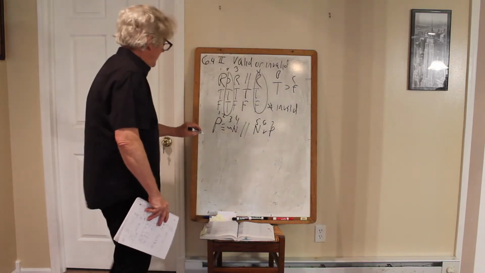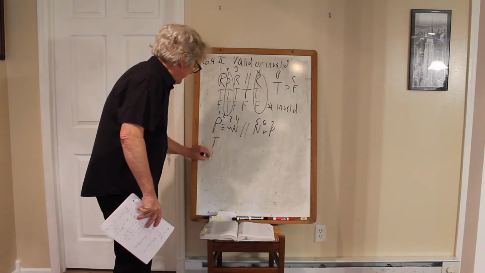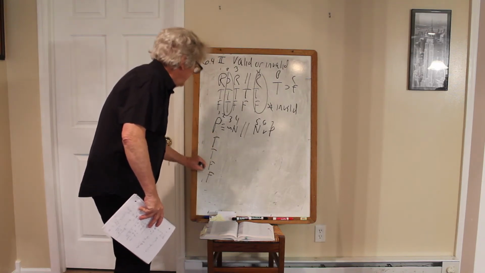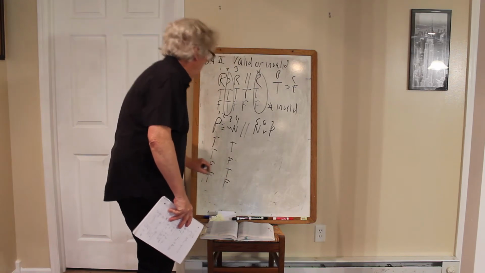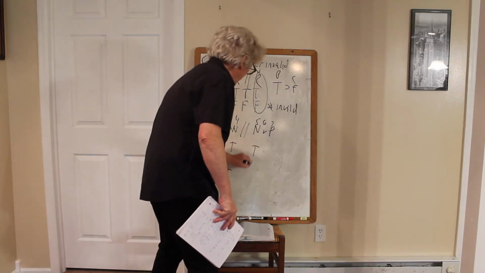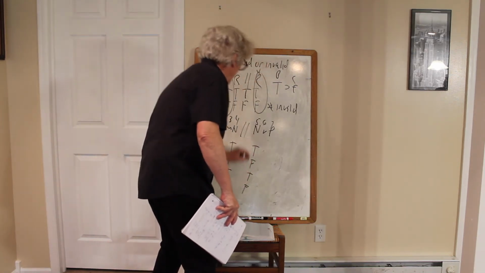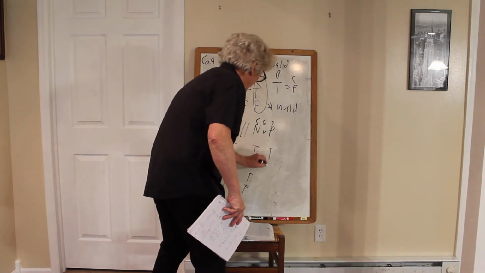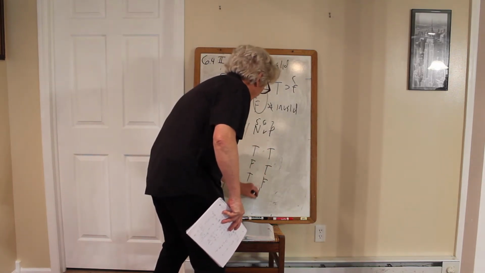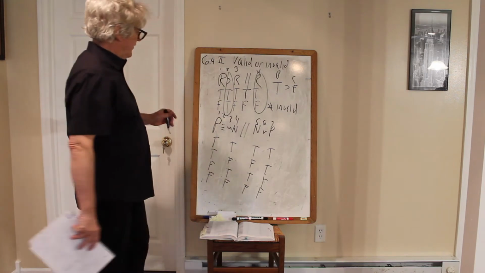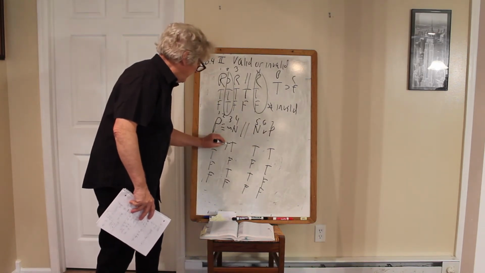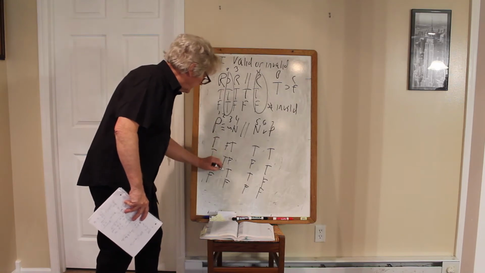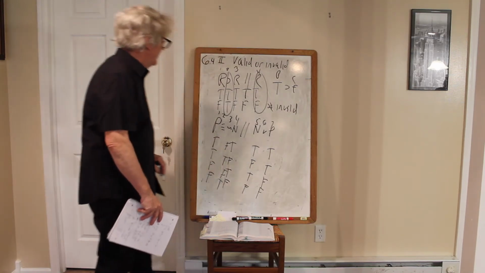Under P you would have 2 truths, 2 falses. Under N, true, false, true, false. Under N again, true, false, true, false. Then under P, as it was the first time, true, true, false, false. I can do not N right off, that's the order of operations. Not T is F, not F is T, not T is F, not F is T.